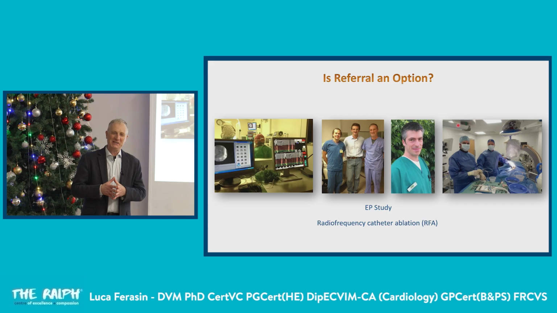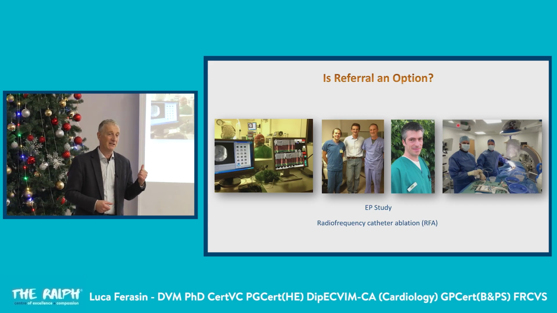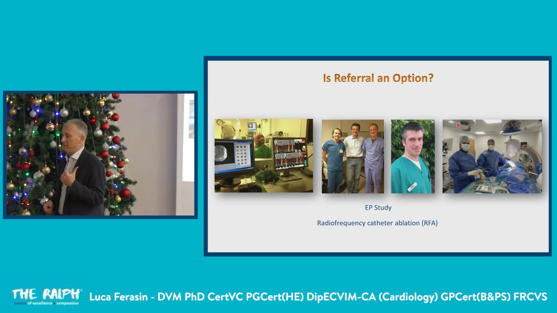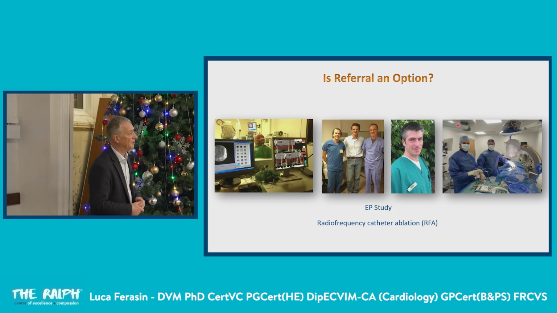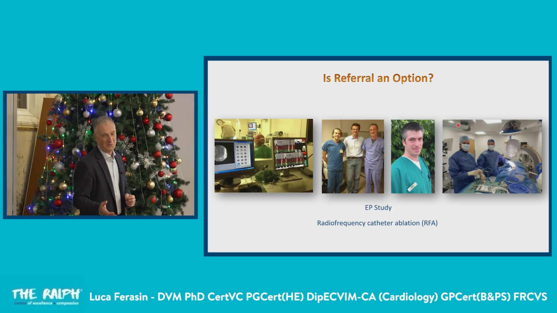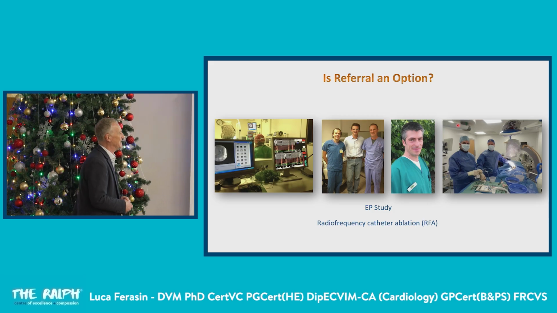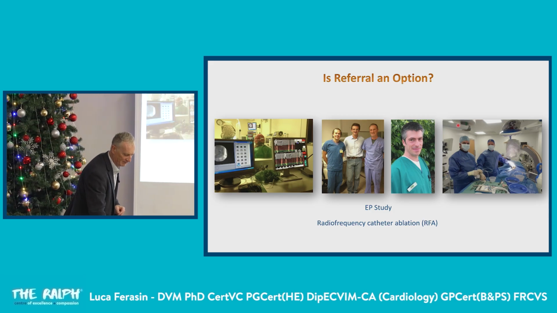So I know people that decide, well, if it's 3,000 in Milan, I just go there, I leave the dog there. They will also pay for my trip and the shopping in Milan, which is the city of fashion. So some people, when we offer these two options, decide to go to Milan rather than going to Davis. But there we go. So you know that this is a possible option.